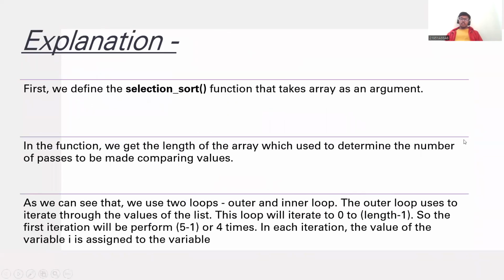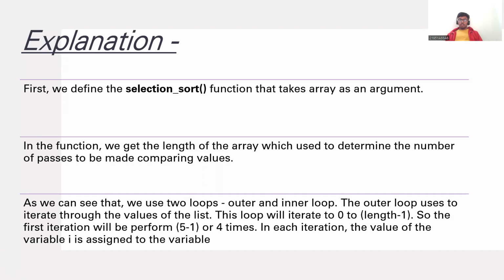Explanation. First, we define the selection sort function that takes an array as an argument. In the function, we get the length of the array, which is used to determine the number of passes to be made comparing values.